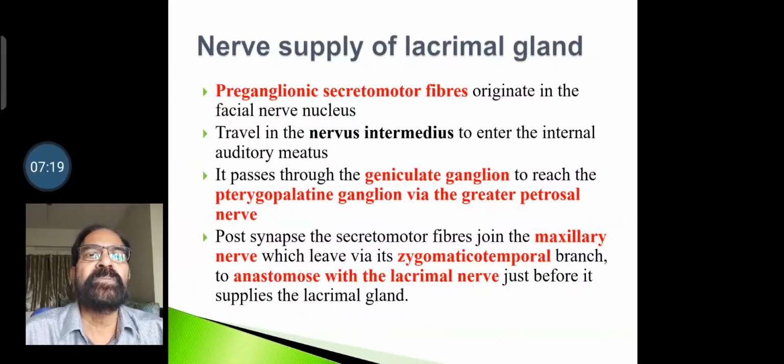Post synapse, the secretomotor fibers join the maxillary nerve, which leaves via the zygomaticotemporal branch to anastomose with the lacrimal nerve just before supplying the lacrimal gland.